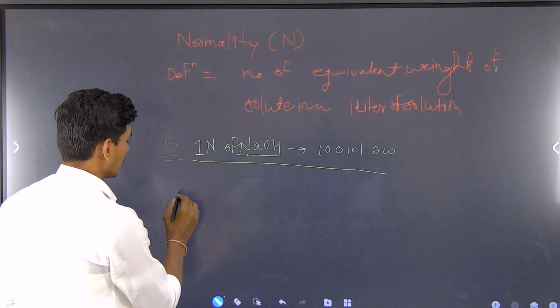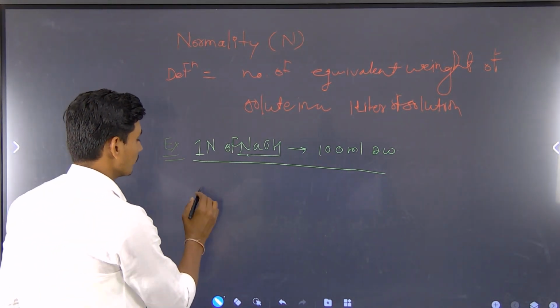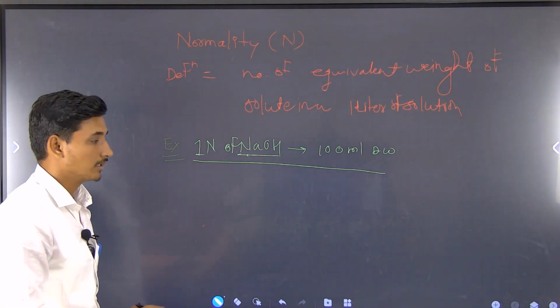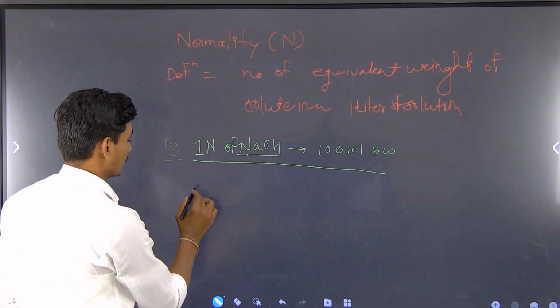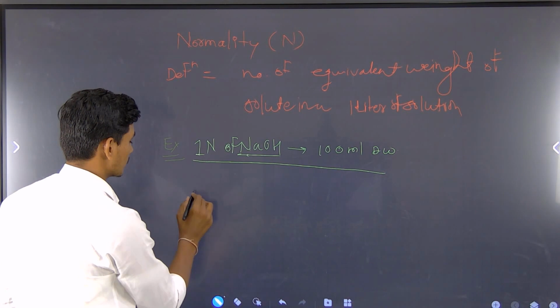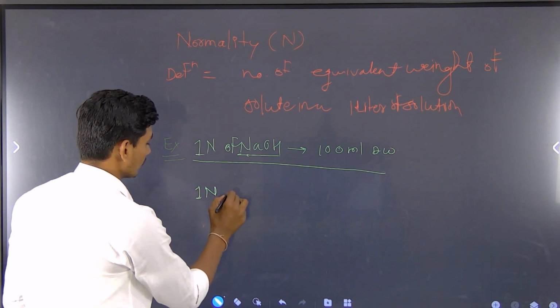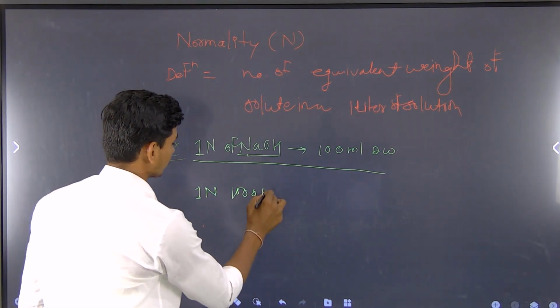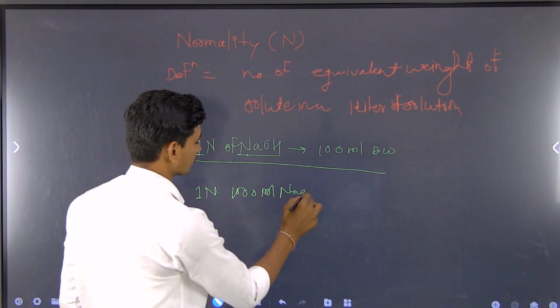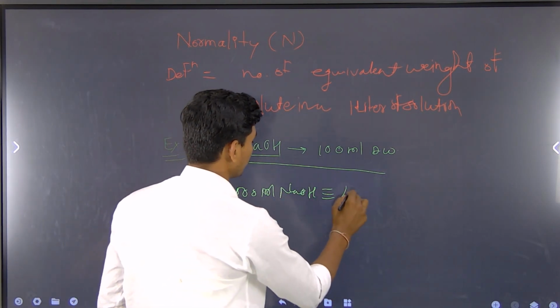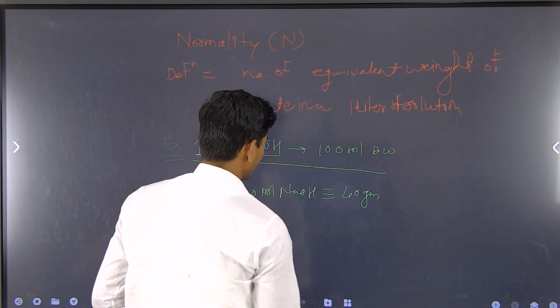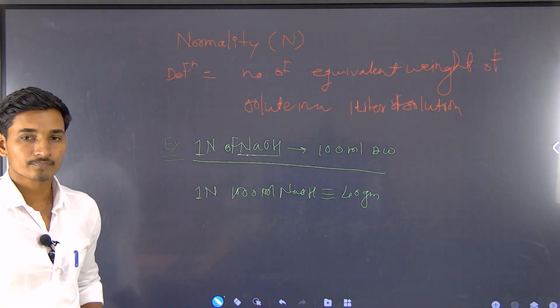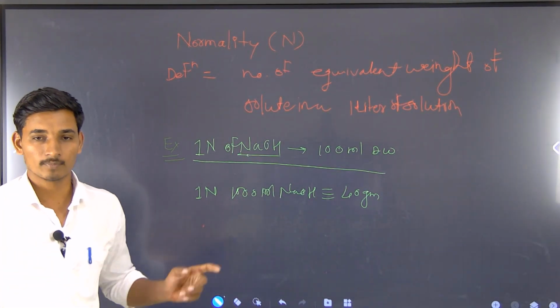So I will write here the standard formula or standard equation for the normality of NaOH or a normal solution. So one normal 1000 ml NaOH corresponds to 40 gram of the Na plus ions.